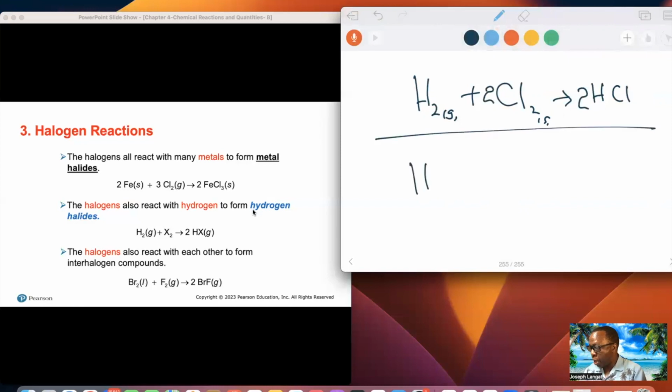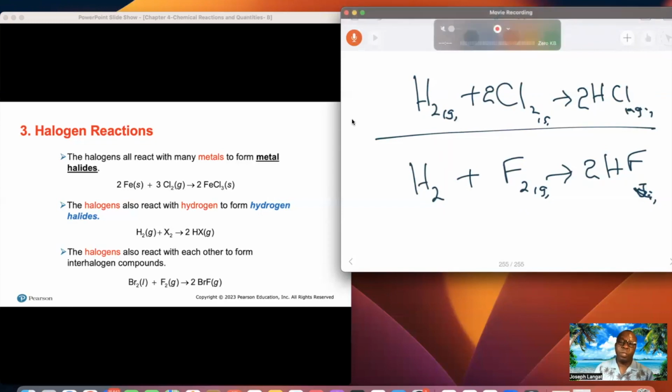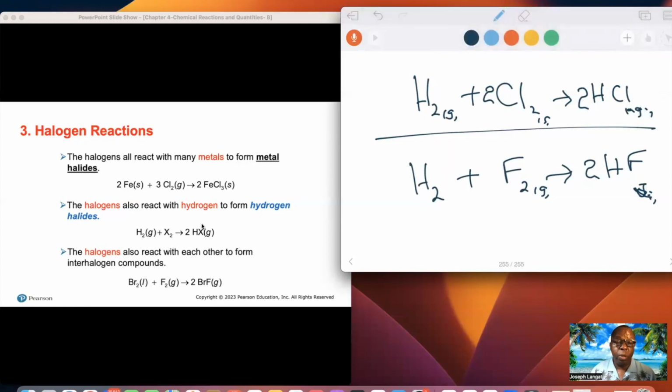It could be hydrogen plus fluorine, which is diatomic. It's going to be hydrofluoric, hydrogen fluoride. Anyway, this is going to be 2, and the equation is balanced. So this is the reaction of halogens with hydrogen gas. I've highlighted the hydrogen.